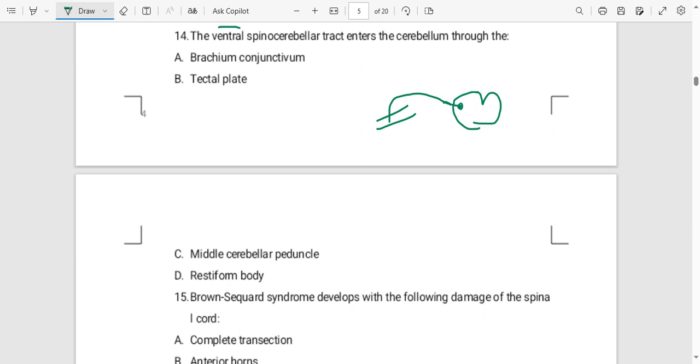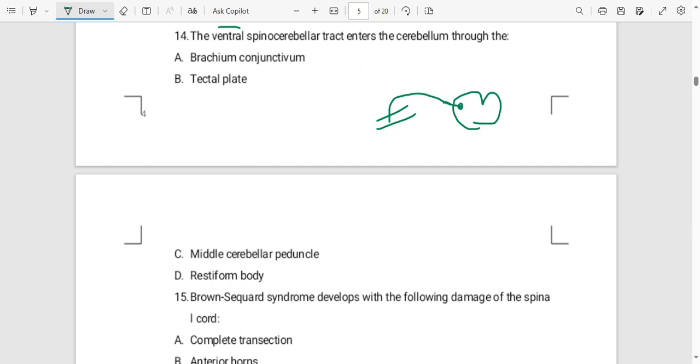And then the tract is going to decussate just there. It will go to the other side. That will be the anterior or ventral spinocerebellar tract. And then it will continue going up. When it reaches the pons, it will turn and go via the superior cerebellar peduncle to the cerebellum. So it went to the contralateral side, but while in the cerebellum, it will turn again and go to the ipsilateral side.